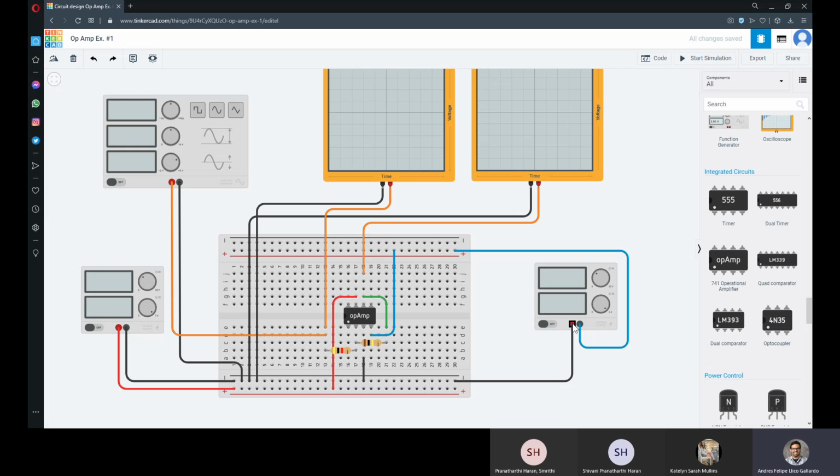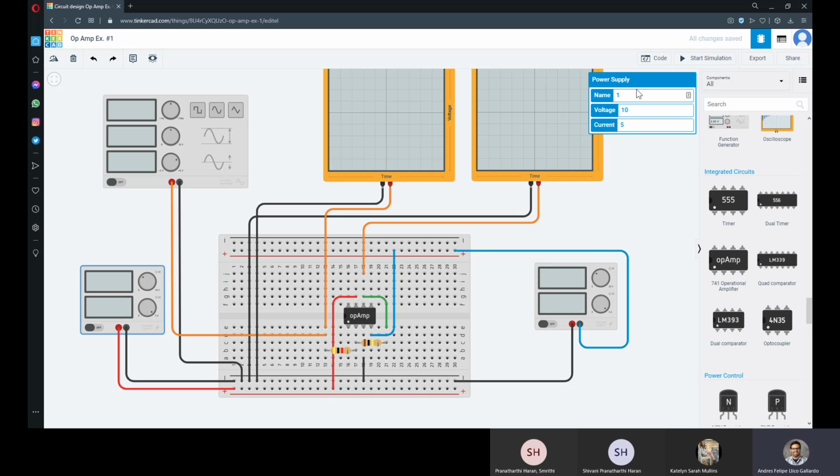So what I've done here, given my limitations with Tinkercad, this is usually not a problem on a lab bench, with the power supplies that are in the lab. If you look at the power supply on my left, you see my negative is here in black, connected to the negative, and my positive is connected to the positive.